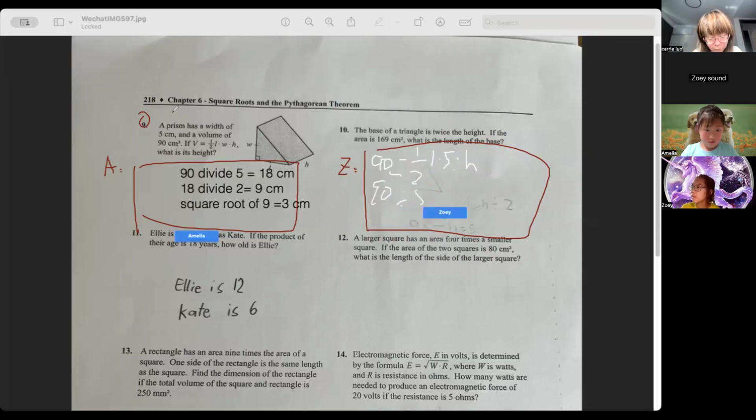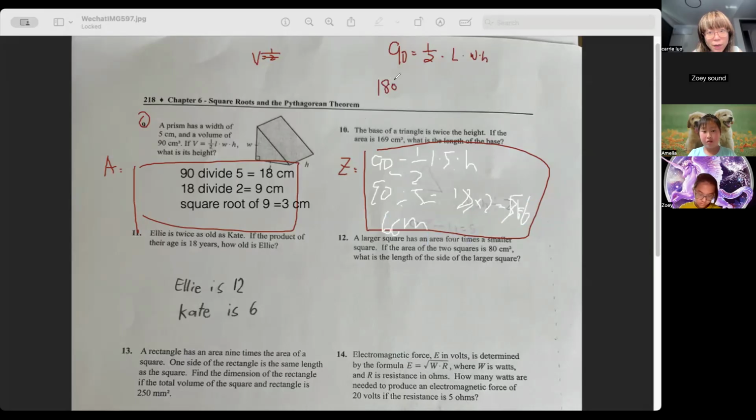Done. 很简单，对不对？Okay, again, Amelia，老师让你怎么做的？The volume equals half... 对的啊！我要看到的是这样的过程，我说了很多遍了。90 equals half times length times width times height.